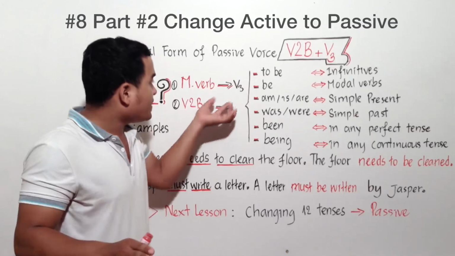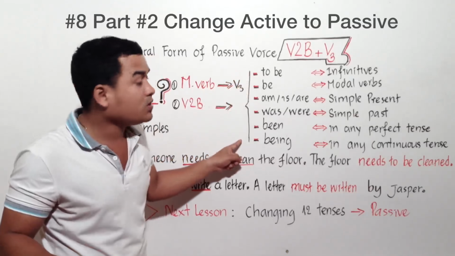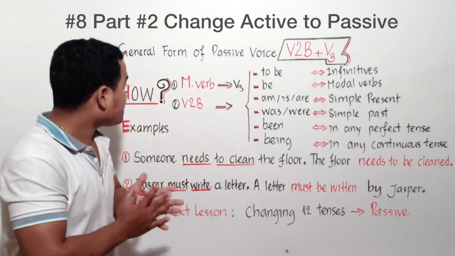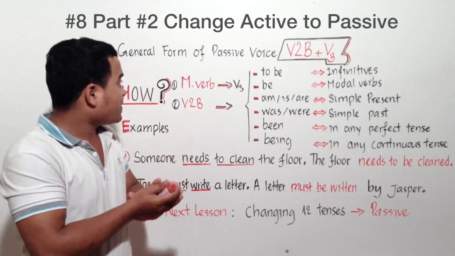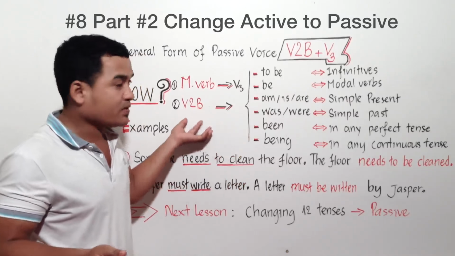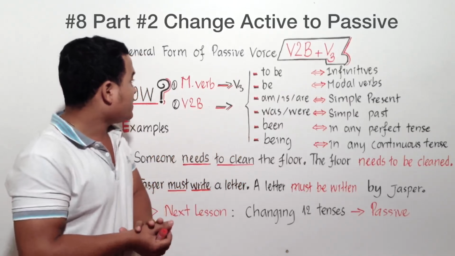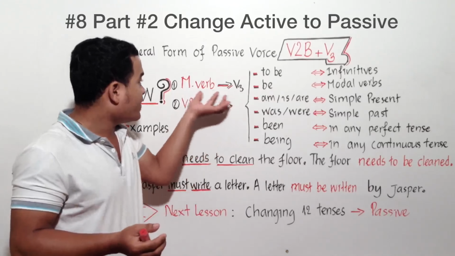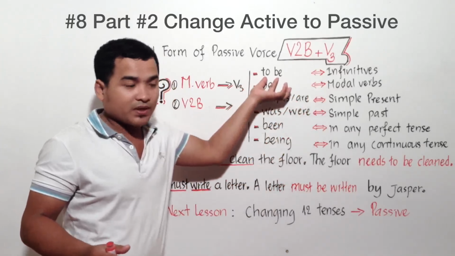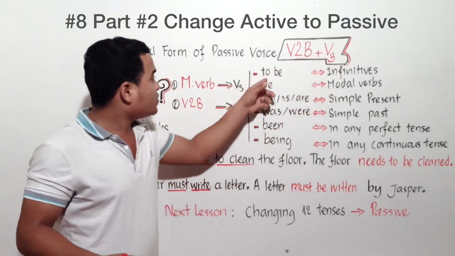Alright, so when you add verb to be, please remember the 6 basic rules for verb to be in passive voice. Now please have a look at the 6 basic rules. If you want to add verb to be before verb 3 in passive voice, please remember, if the active sentence is the infinitive, then you have to put to be before verb 3, alright?